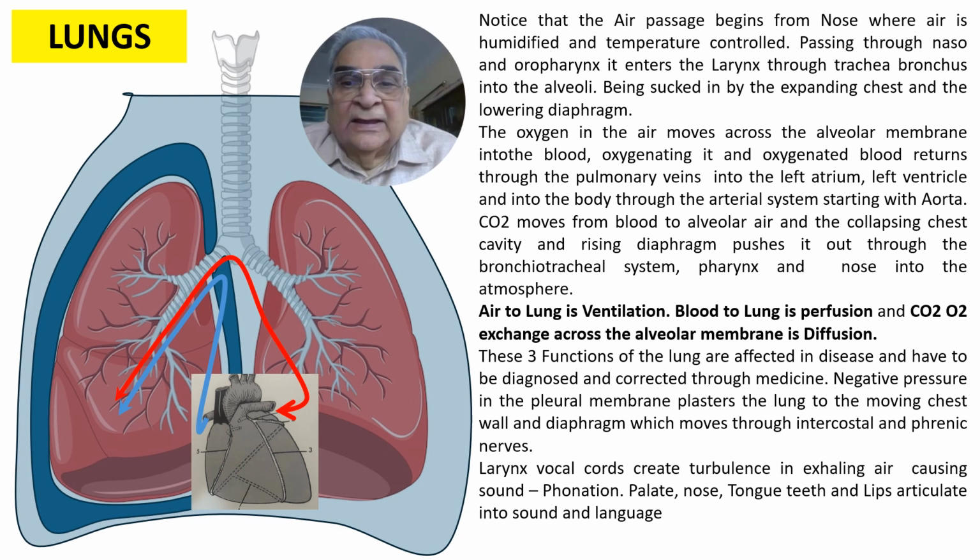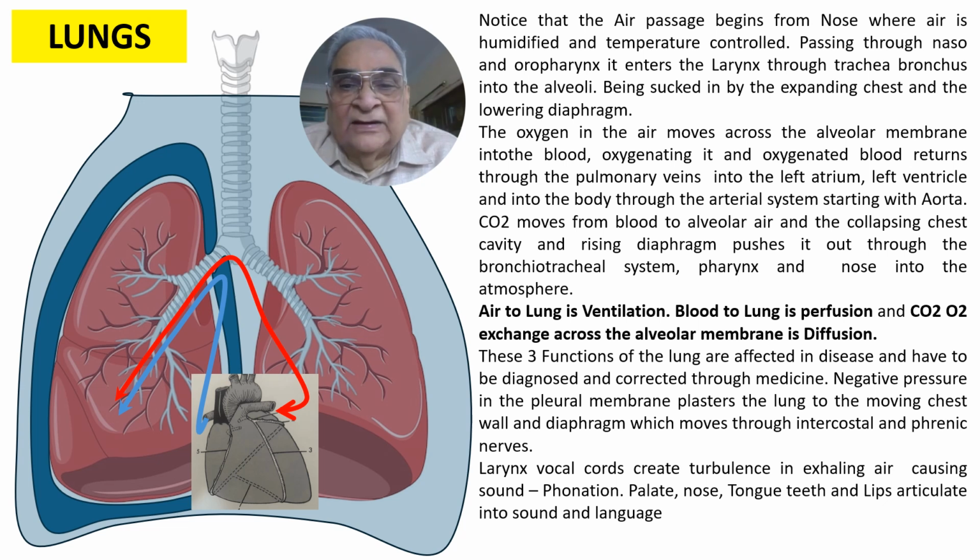The oxygen in the air moves through the alveolar membrane into the blood, oxygenating it, and oxygenated blood returns through the pulmonary veins into the left atrium, left ventricle, and into the body through the arterial system, starting with the aorta. CO2 moves from the blood to the alveolar air, and the collapsing chest cavity and rising diaphragm push it out through the bronchotracheal system, pharynx, and nose into the atmosphere.